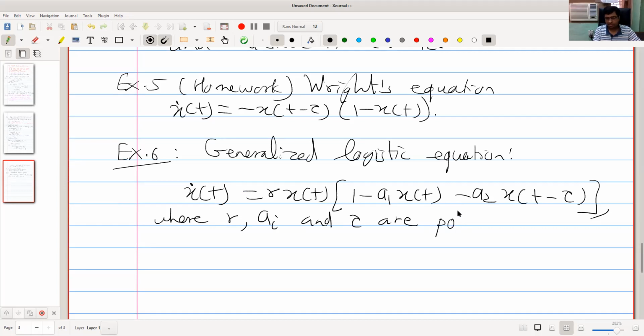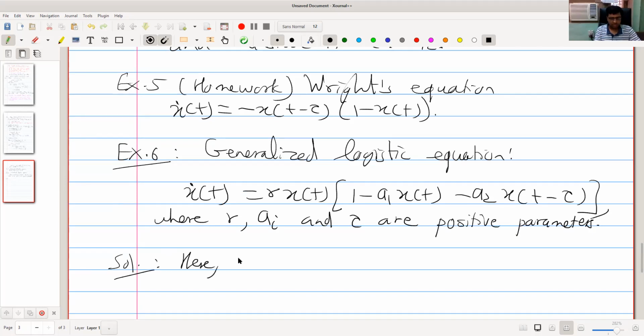Okay, positive parameters we can say. So the question is: find equilibrium points and discuss their stability. Same question.